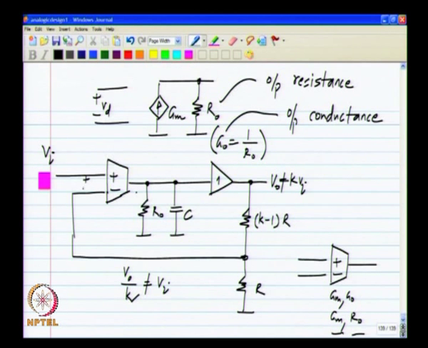So, there will be some difference voltage here which is not 0, and that difference voltage should be such that Gm times Vd, when flowing through the resistor, produces a voltage which is equal to V naught.